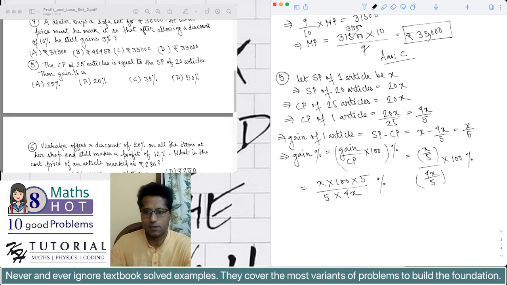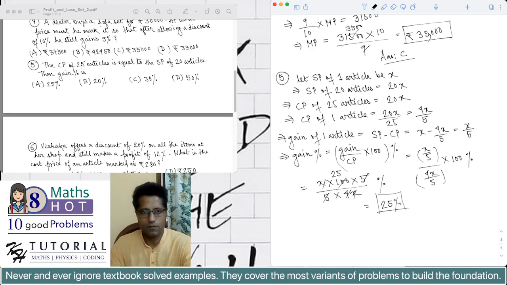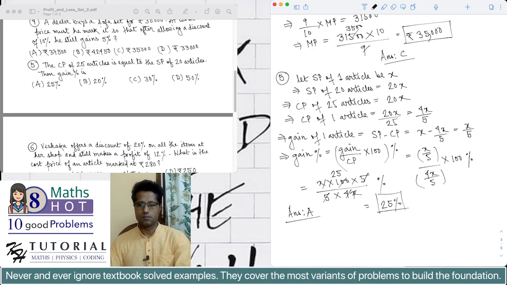After simplification, x cancels out, 5 cancels out, 4 divides 100 with 25. So this is equal to 25 percent. So, the gain percent is 25 percent, and hence the correct choice is A.